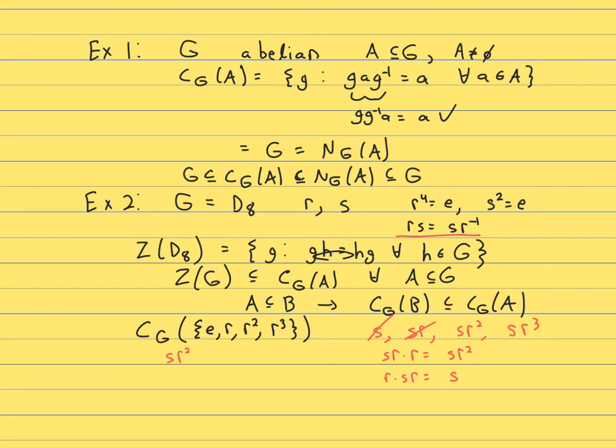And similarly, if I multiply SR squared by R, what should happen? On one hand, I get SR cubed. On the other hand, I get SR. And so you can do the last one as a sanity check, and you can see that these four elements of the group are not in the centralizer.